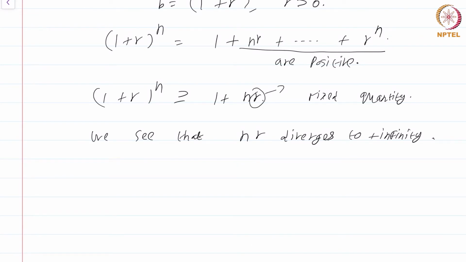In fact, you can precisely write down how large small n has to be for nr to be greater than some capital M in terms of small r. That is easy to do. Okay. So what this shows is 1 plus r power n also diverges to plus infinity.